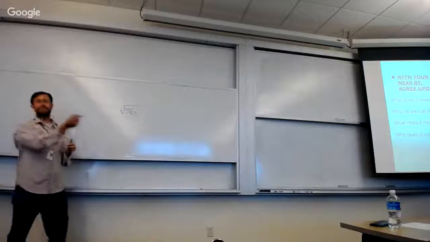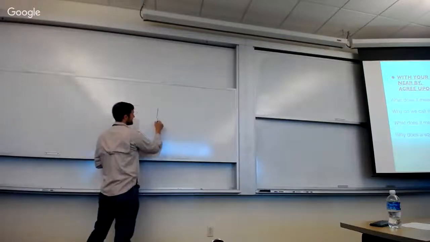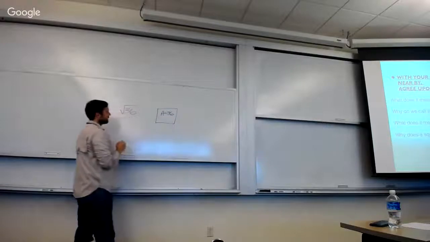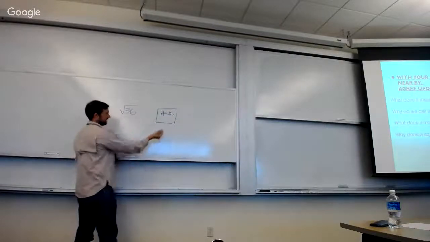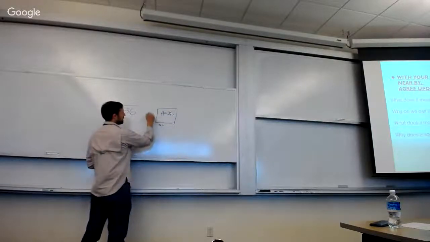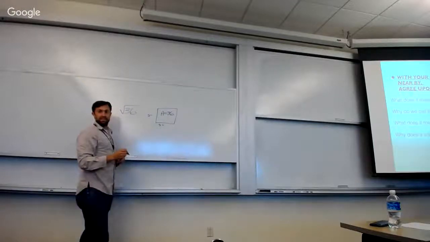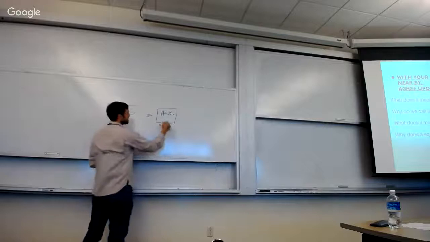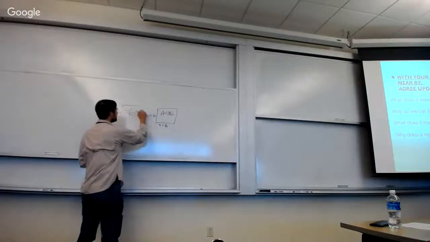Go ahead, Jasmine. 36 is the area. Yeah, we have the same number on both sides. And so the side length is? Yeah. And so the answer is 6.